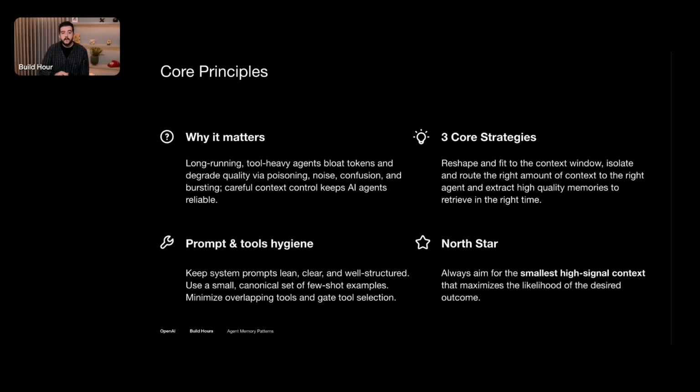We also have prompt and tool hygiene as a core principle: keeping system prompts lean, clear, and well-structured, using a small canonical set of few-shot examples, and minimizing overlapping tools to improve tool selection. Our goal and North Star is aiming for the smallest high-signal context that maximizes the likelihood of the desired outcome.